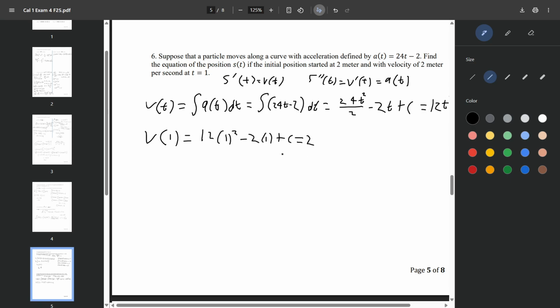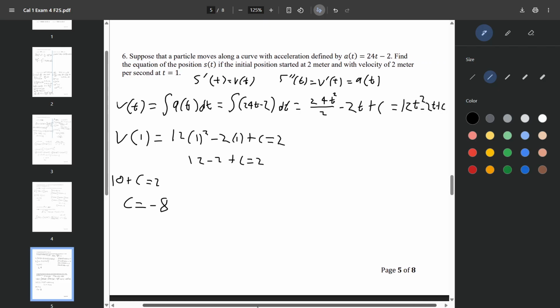And so we will solve for c. So in this case, 12 minus 2 plus c equals 2. We add these two together: 10 plus c equals 2. And so that means that c must equal -8.